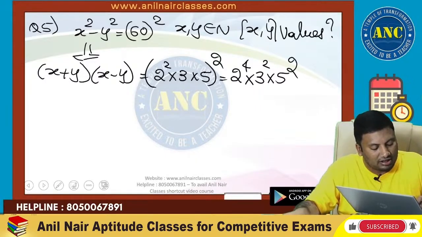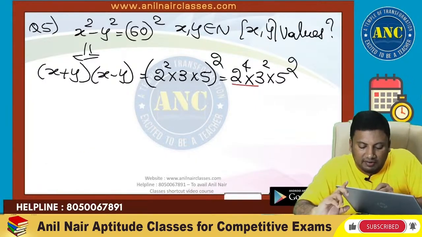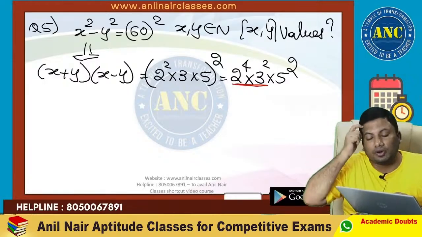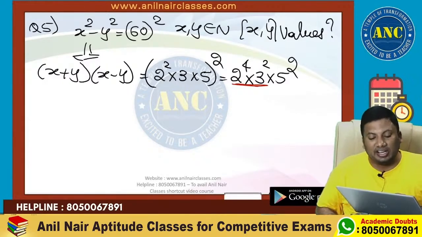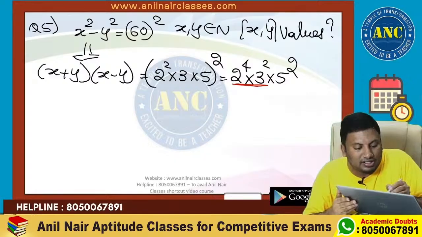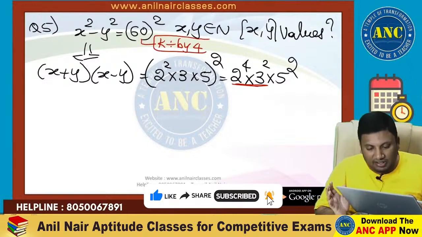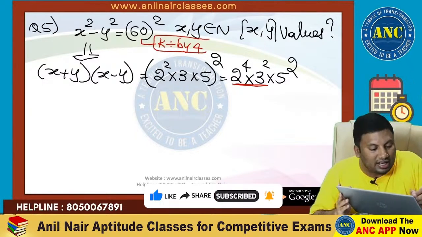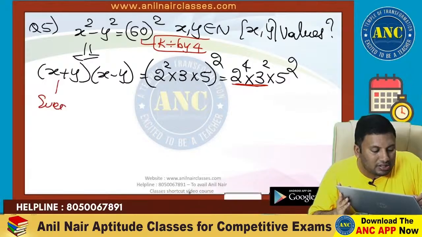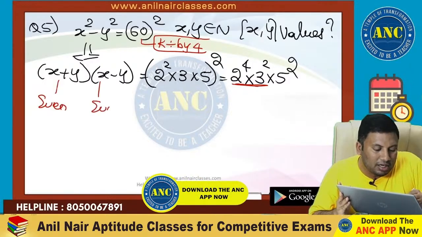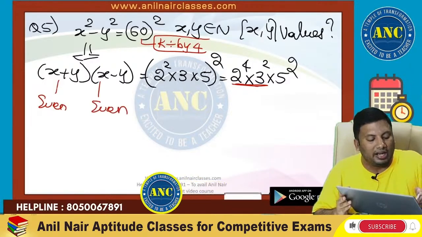First, the right hand side is divisible by 4, since 2 power 4 is 16. That means this is the case where the right hand side is divisible by 4. If so, x plus y should be an even number, and x minus y should be an even number.